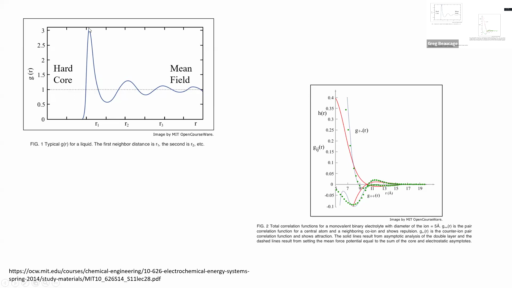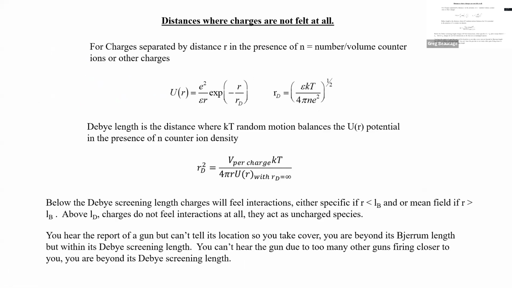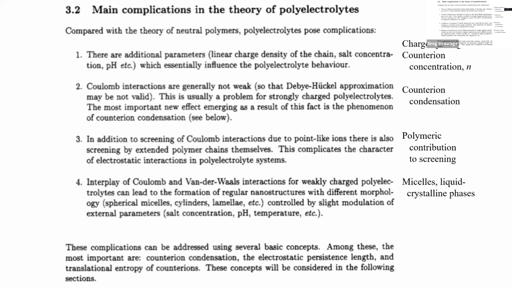And when you're closer, that's within the Bjerrum length. And the Debye length would be where this thing would disappear. I forget where that's from. Anyway, that's kind of the picture of this thing. So we had the Debye length already.